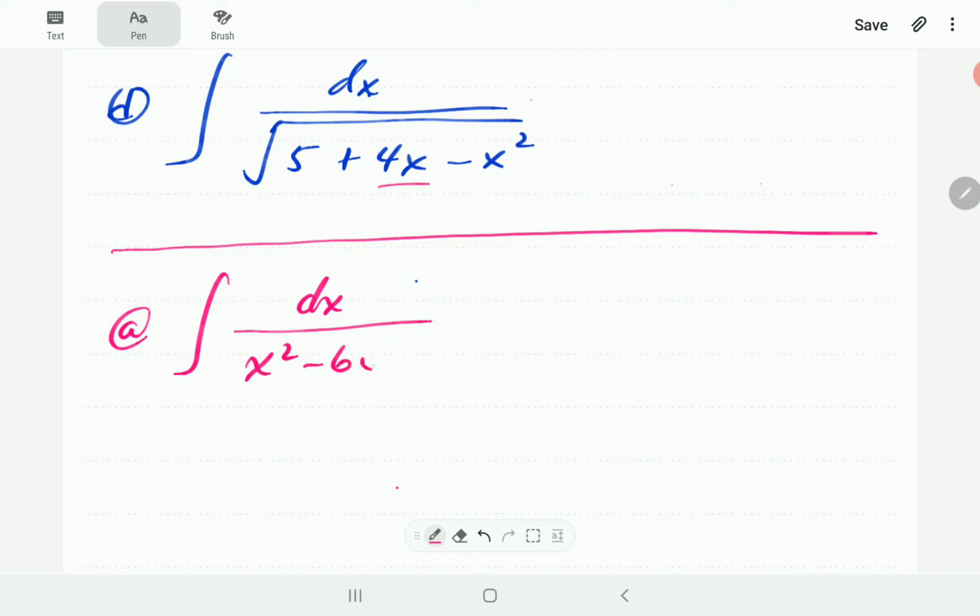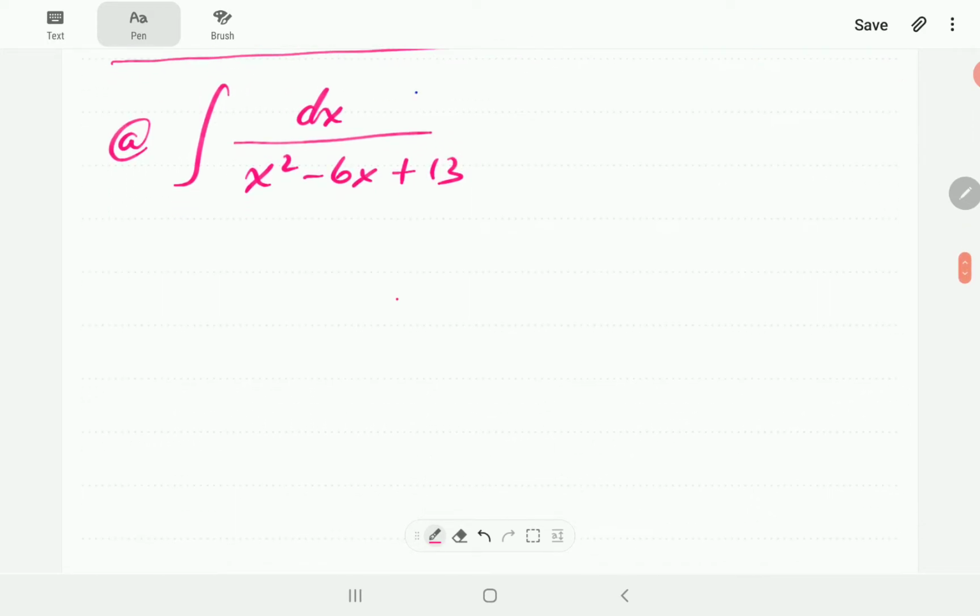We are going to give you a few details, but it's not going to be just a primer on completing the square. So take this A, for instance. Just out of interest, this is a rational function. We've got a polynomial divided by another polynomial, so we could think of applying integration by partial fractions.